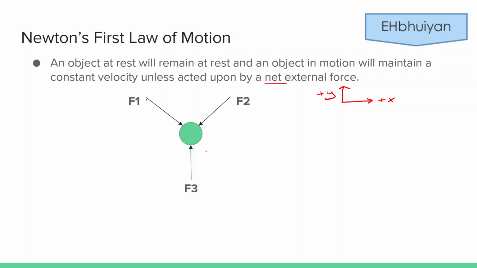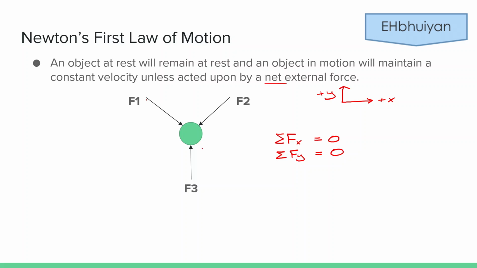Then in order for this object to be in equilibrium, meaning no net forces, all the forces in the x direction must sum to zero, and all the forces in the y direction must sum to zero.